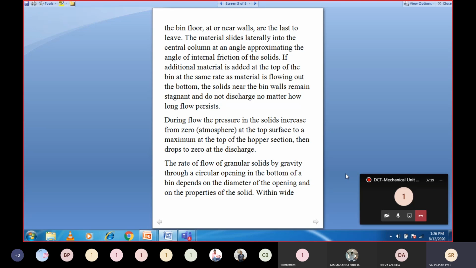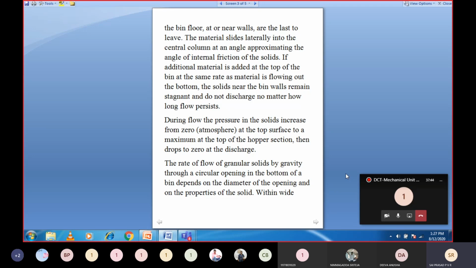Like that, this gap will go to the top of the layers, and from the top the solids will be slipping and falling into the gap created by the evacuation of solids. And the solids adjacent to the opening? They never move unless you give vibrations for their evacuation. So they remain there only.